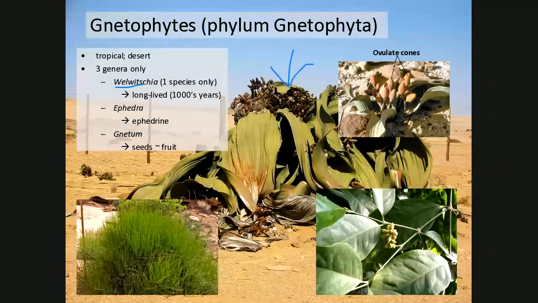But these are tropical or desert climate type of plants. Only 3 genera, so this is a group that's definitely shrunk in size or never became particularly diverse. There's Welwitschia, and Ephedra. This is Ephedra, sometimes called Mormon's tea.